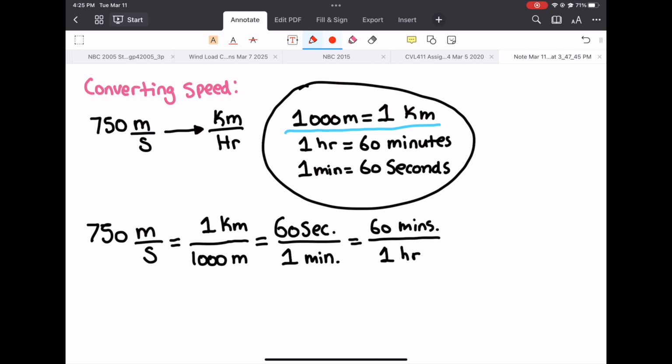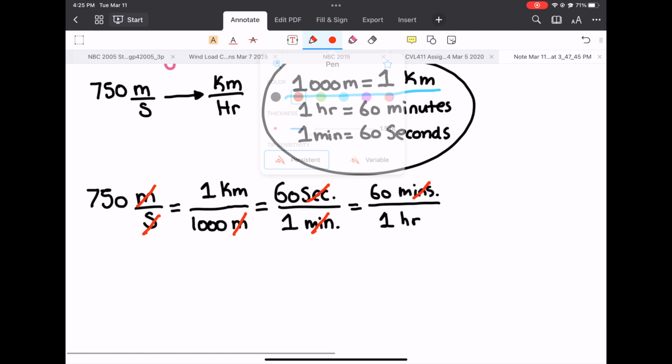Now that we have all the units placed, we can cancel them out. First things first, meters and meters cancel, seconds and seconds cancel, minutes and minutes cancel.